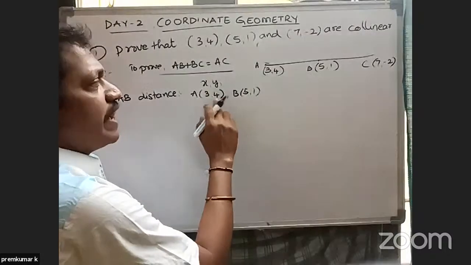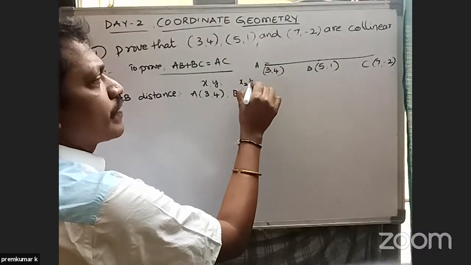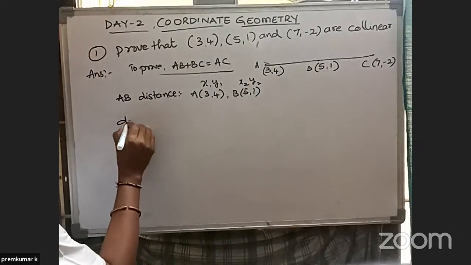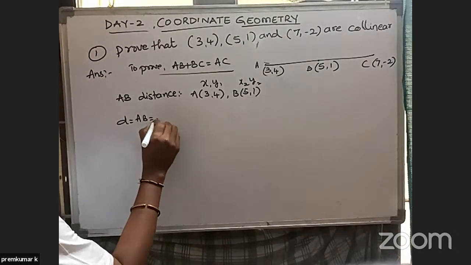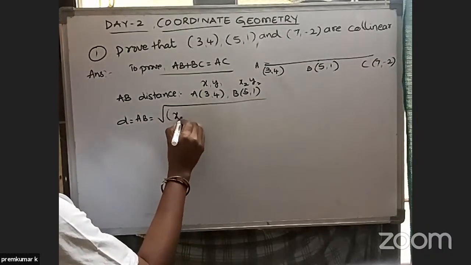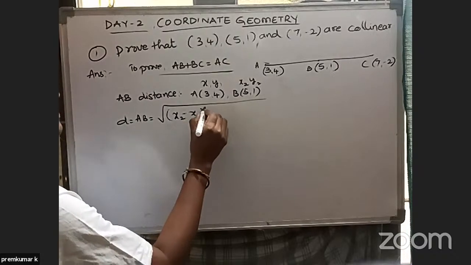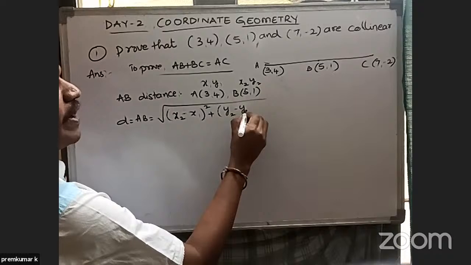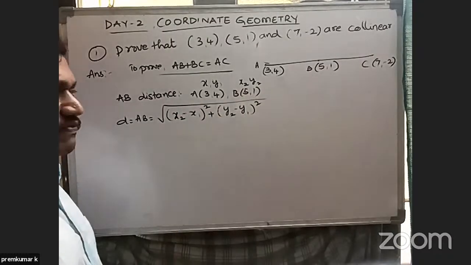Then this is x1, y1, and this becomes x2, y2. First I am writing the distance formula. What is the distance formula? Yesterday I explained to you. That is root of x2 minus x1 whole square plus y2 minus y1 whole square.